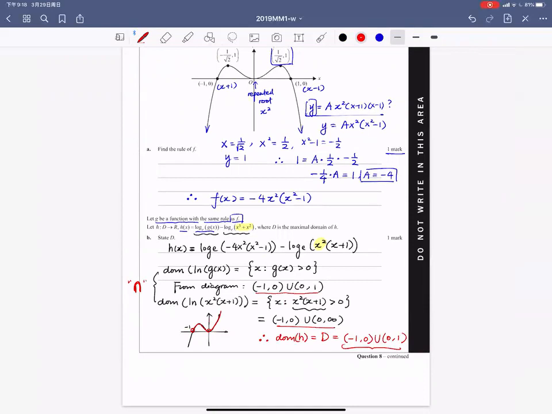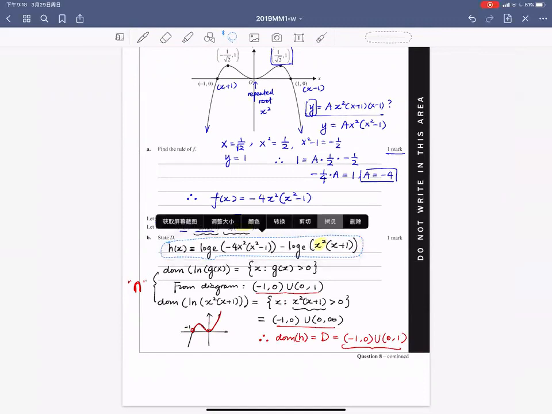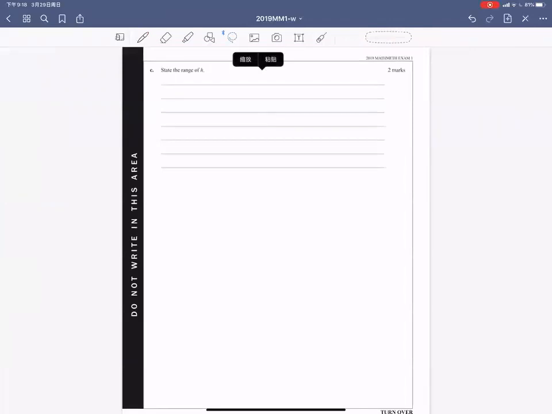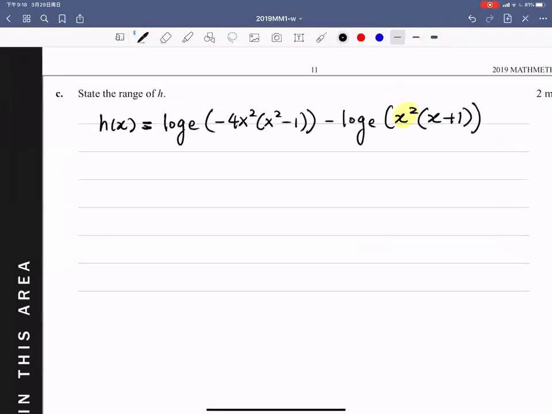All right. Don't forget we still have this h of x. If I dropped it down, don't overlook what I have written down. State the range of h. Of course, I need to have the equation of h. So let's look at this one.